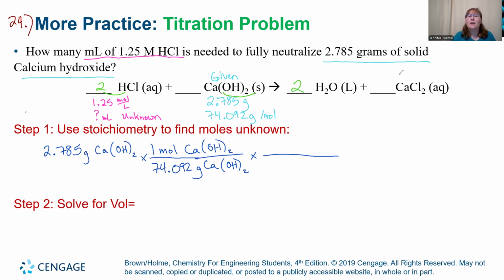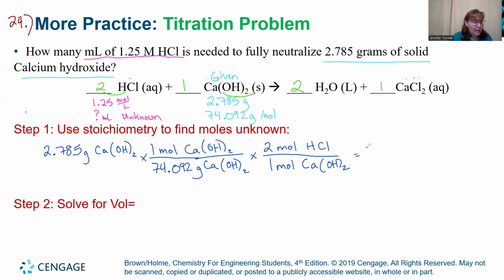Now I'm going to check it. 1 calcium, and 2 chlorides, and 2 chlorides means that this one will be a 1, and so will this one. All right, great. Now I have a balanced equation, and I can place in here 1 mole of my calcium hydroxide on the bottom, and 2 moles of my hydrochloric acid on the top.